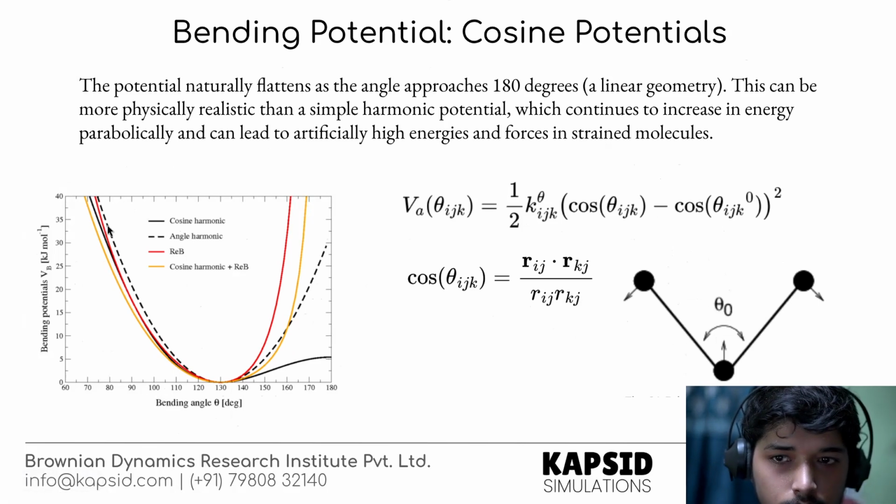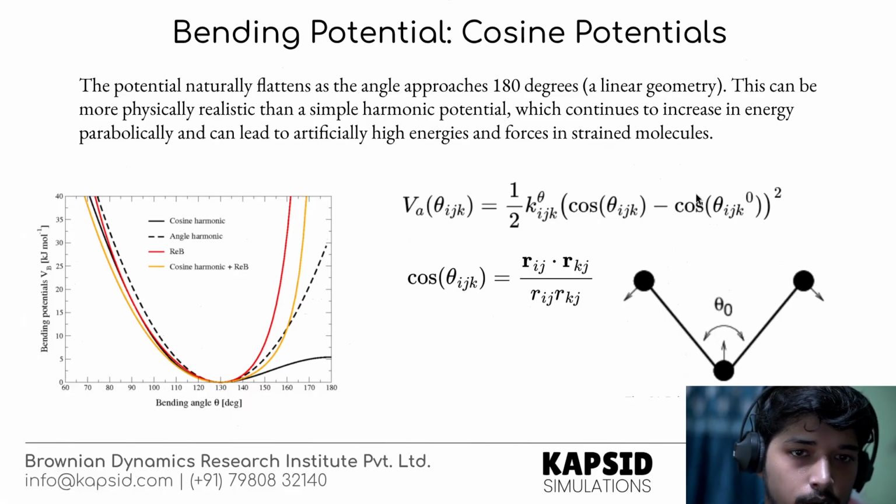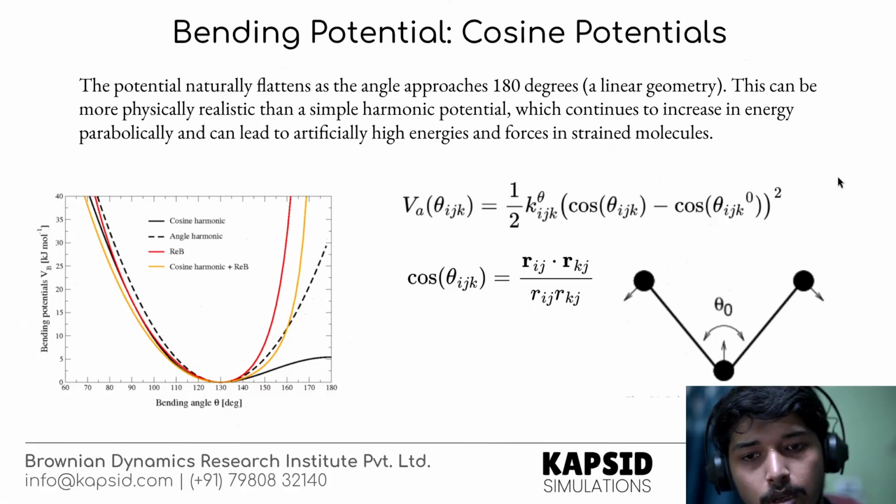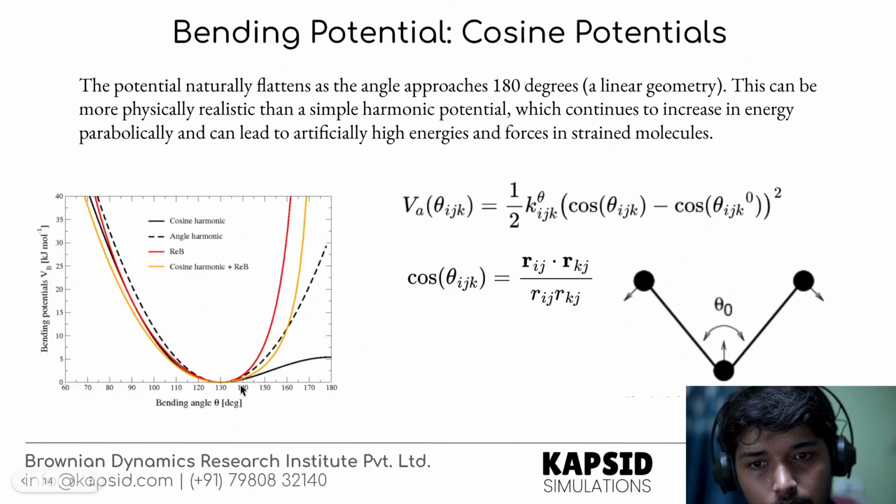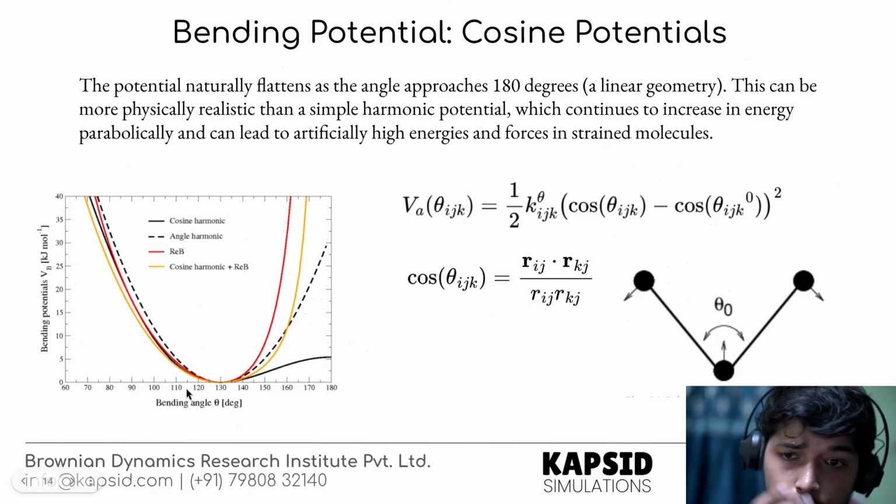That kind of feature is well captured in this kind of equation, where you subtract cosines directly and not the angles, and take a square of that. So as you see the black line here, that is well preserved in the cosine harmonic.